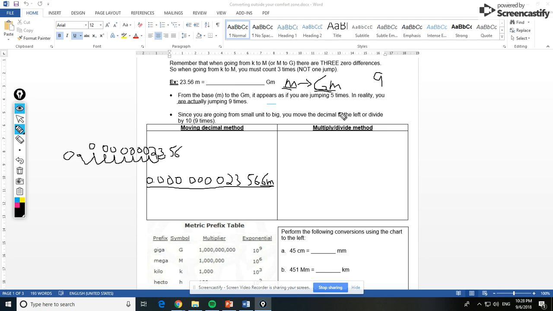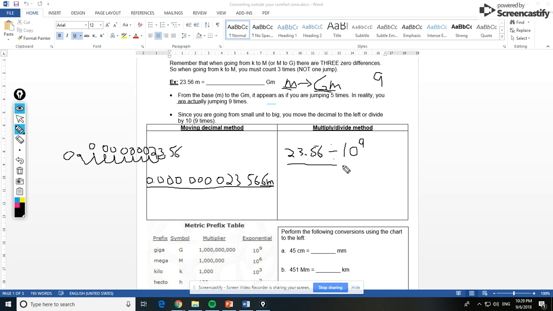You could also do the multiply or divide method, and it's the same idea, except you're multiplying or dividing by factors of 10. So we're taking our 23.56 meters, and you're dividing it by 10 to the power of 9, because you're dividing it by 10 9 times.